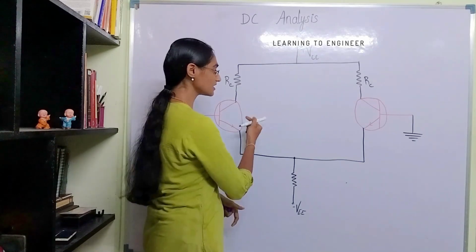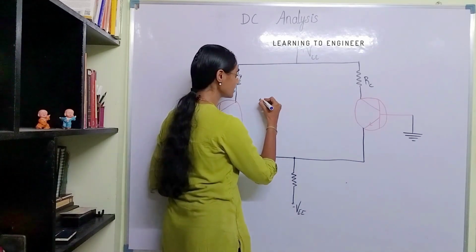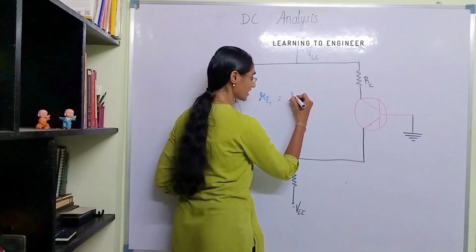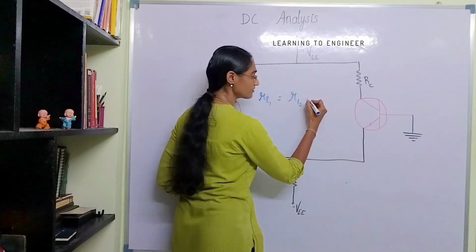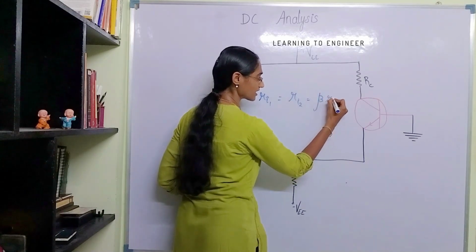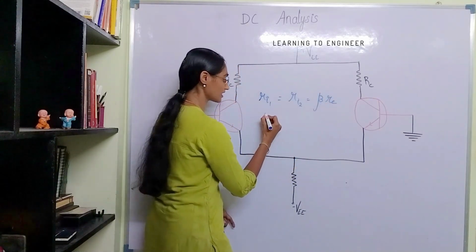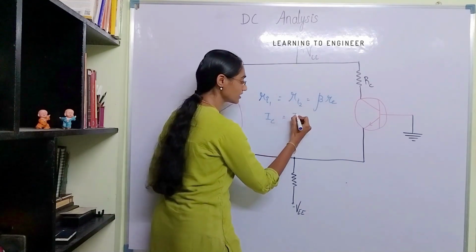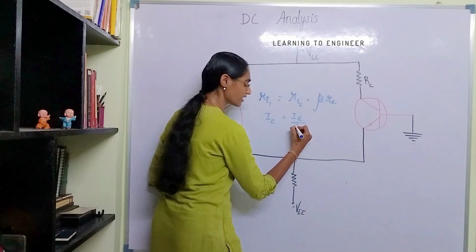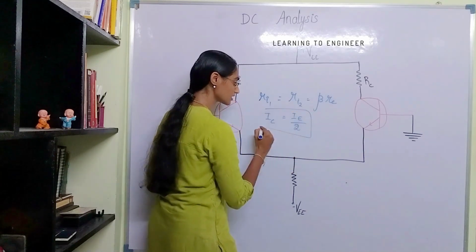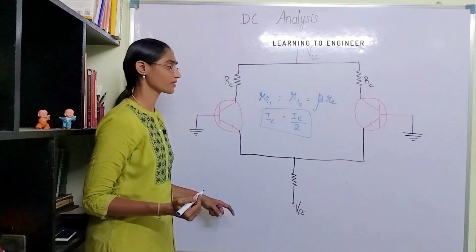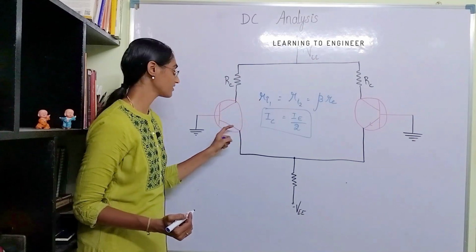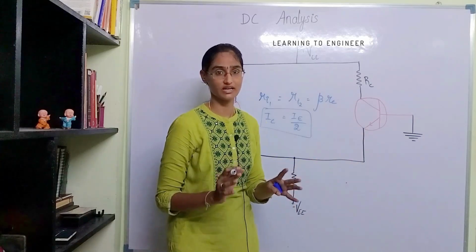When we say that these two transistors are matched, we mean that the internal resistance Ri1 of this is the same as that of the second, Ri2, which is the same as beta Re. And another thing is the collector current is equal to the emitter current divided by 2. This relation holds good here. So just to ensure that both of these hold good, we have both the BJTs matched.